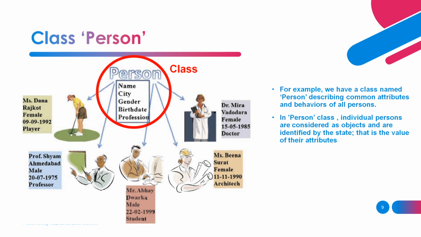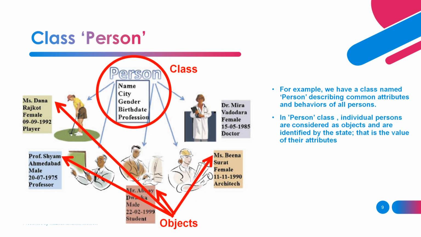Here we have 5 objects and each object is identified by state, that is the value of an attribute. First object is Miss Dana, second is Professor Shyam, third is Mr. Abhay, fourth is Miss Bina, and the last, fifth object is Dr. Meera. Name along with the values of city, gender, birth date and profession specify the state or value of the attributes.